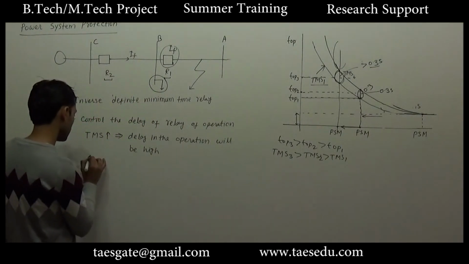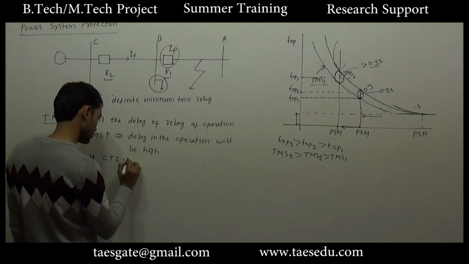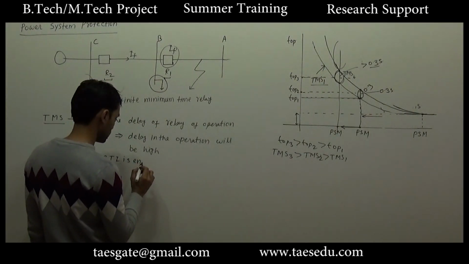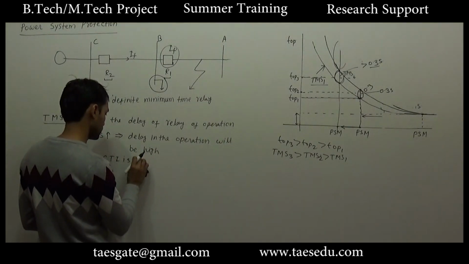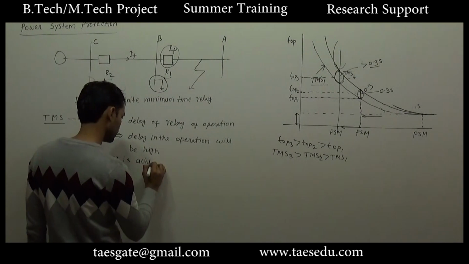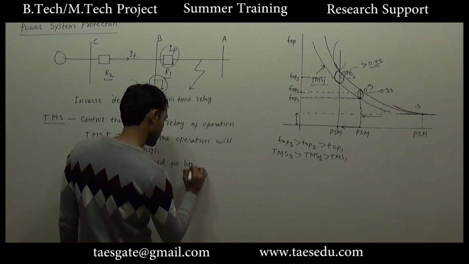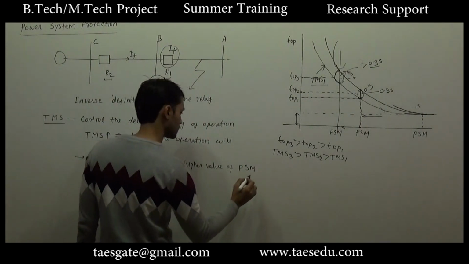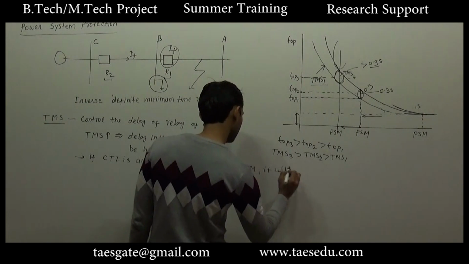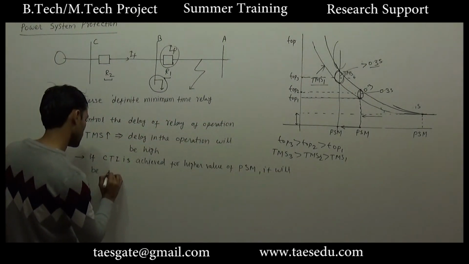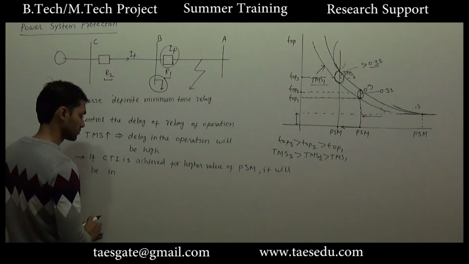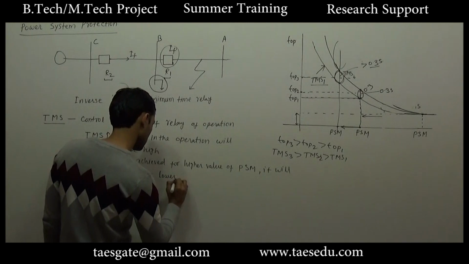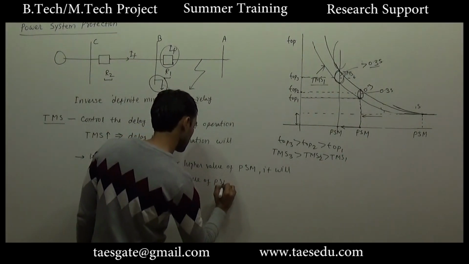So we will say that if coordination time interval is achieved for higher value of PSM, it will be guaranteed or ensured or assured for lower values of PSM.